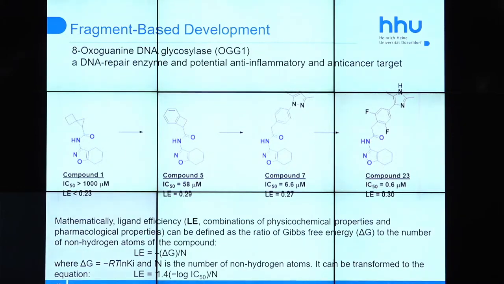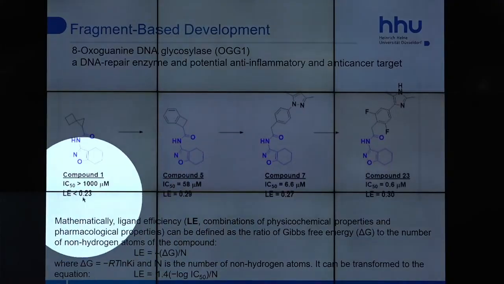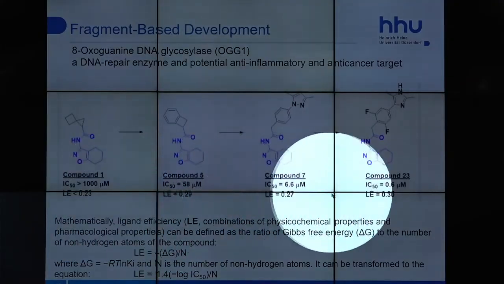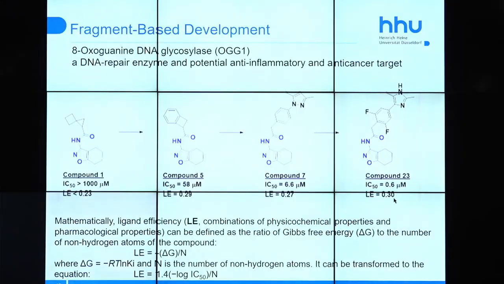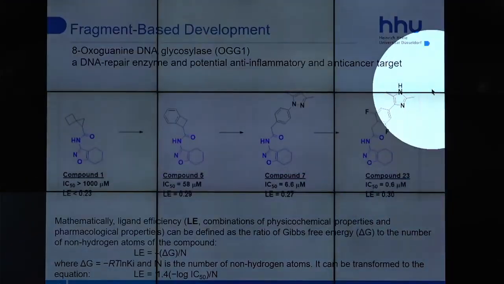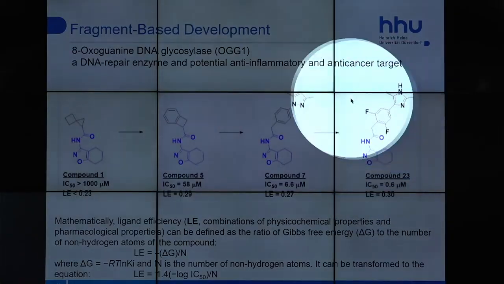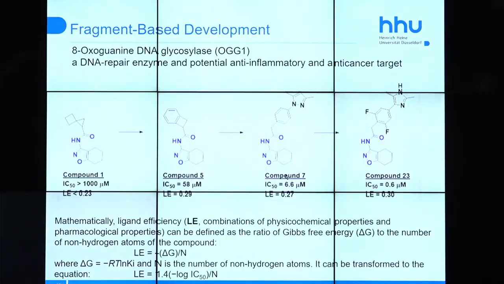And this is only one example, but when you look here at the ligand efficiency, you see the ligand efficiency only slightly varies with this compound. Here you see slight variation with 0.3, and this means that this compound is much more lipophilic than this compound. So the decrease in IC50 value is taken up by an increase in lipophilicity.